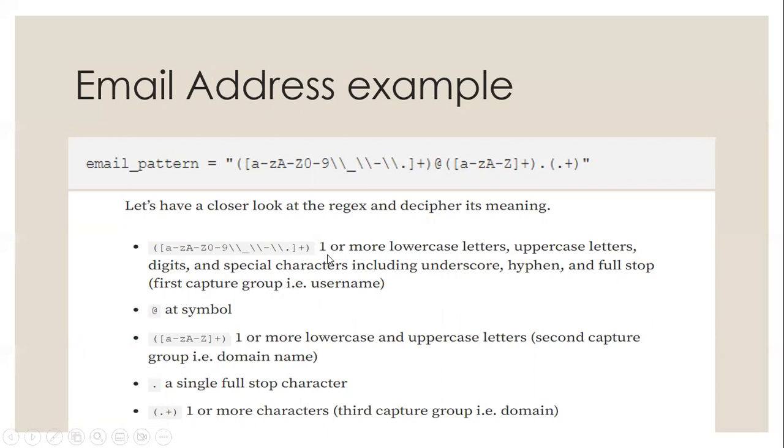This should occur at least one or more times. The at the rate symbol should also be there in the email address at the position which is specified. A single full stop is also part of the email address to specify the domain, and it should occur at least one or more times. In this way, we have made the pattern for email address recognition.